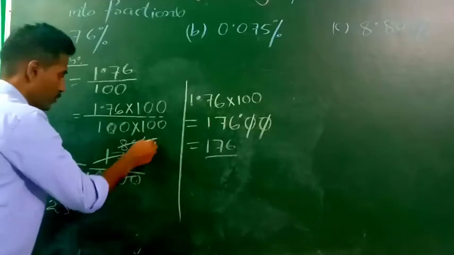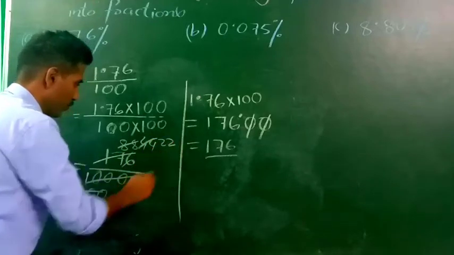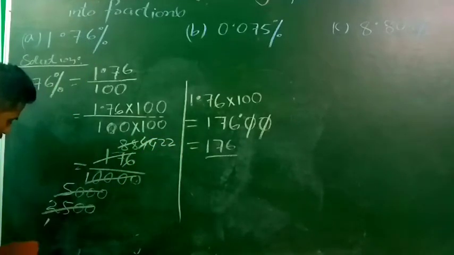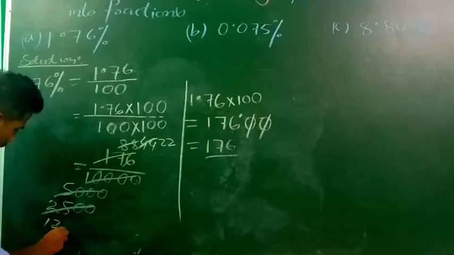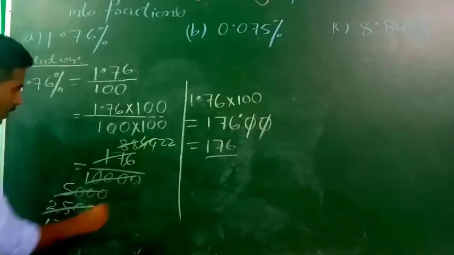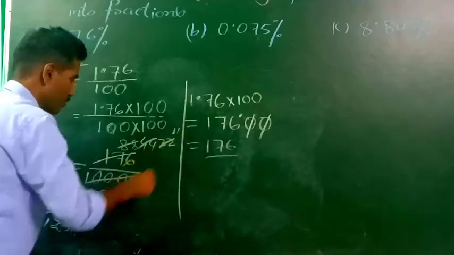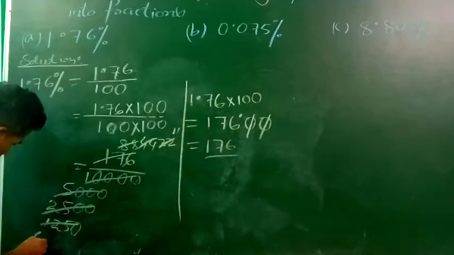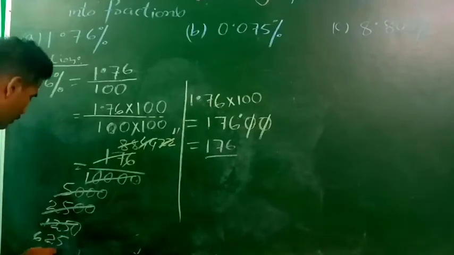Again here, 2 times 22, 44. Again here, 2 times 1 is 2, 2 times 2 is 4, carry over 1, 10, 2 times 5 is 10. Again here, 2 times 11 is 22, 2 times 6 is 12, 2 times 2 is 4, carry over 1, 10, 2 times 5 is 10.